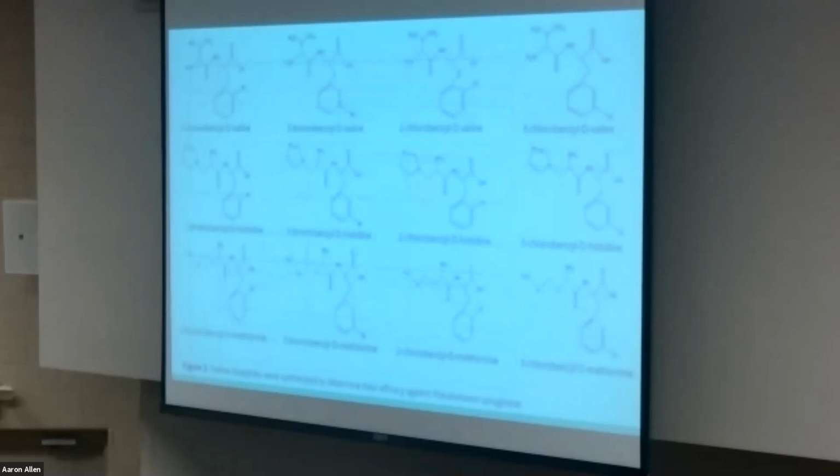Here are the structures of all of the 12 compounds we synthesized. They look kind of similar, but they're unique, I promise. They were unique in which halogen we used, where that halogen attached, and then of course the R group on the amino acids seen in the top left of each structure. Those are unique as well.